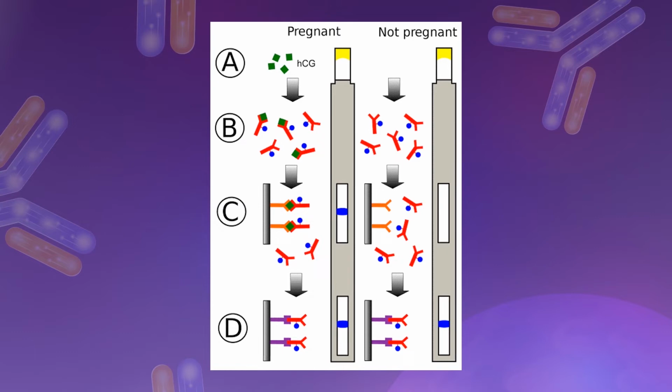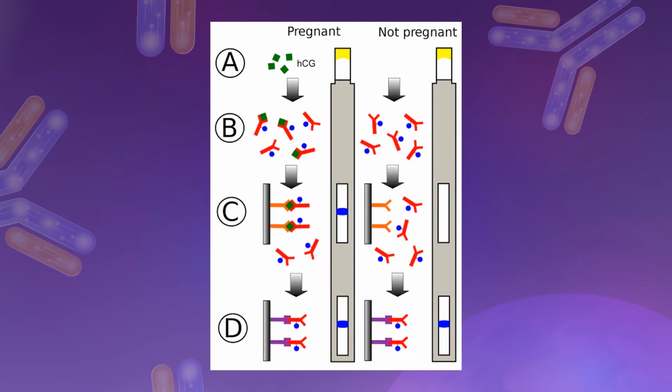This colored circle is an anti-hCG monoclonal antibody with enzymes. The hCG binds to the placed monoclonal anti-hCG antibodies with enzymes that trigger a color change.